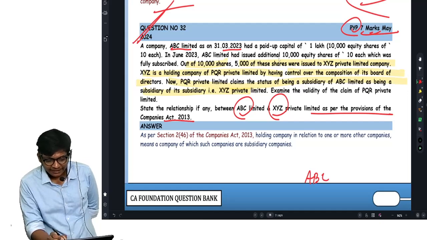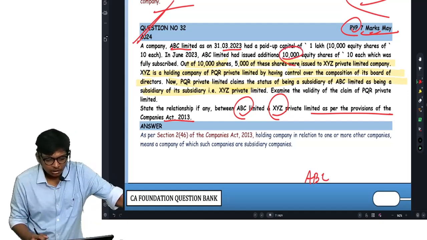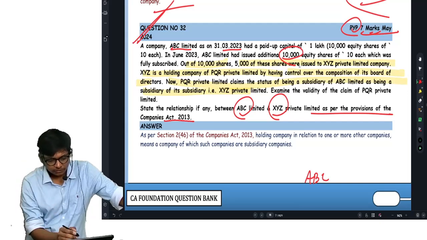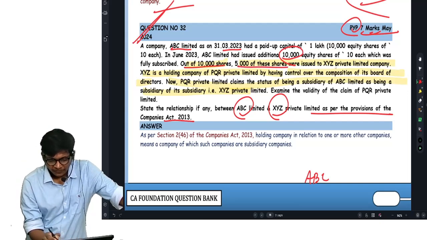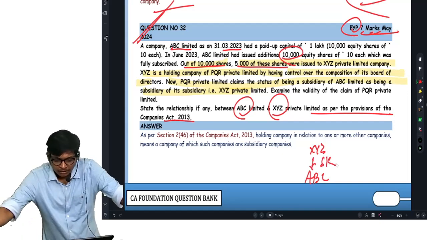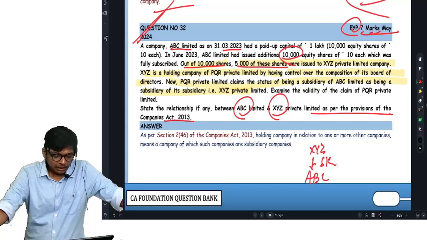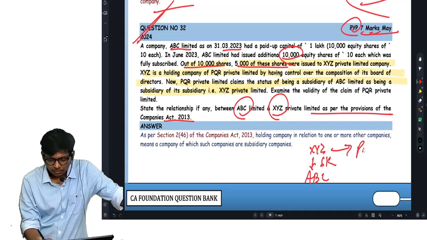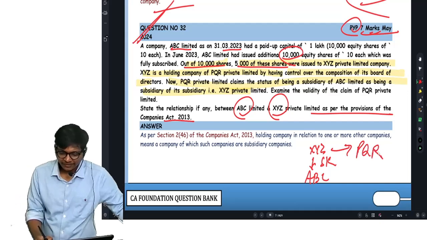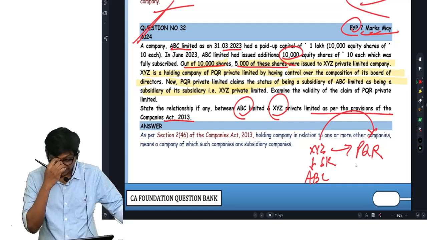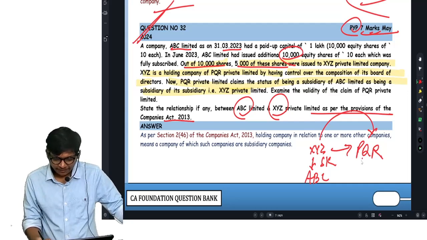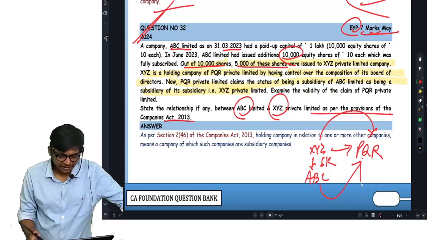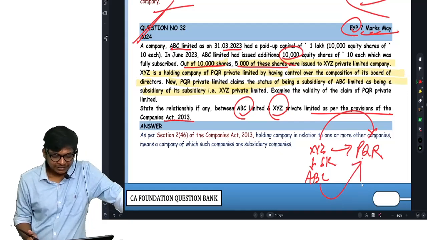In that, ABC had issued 10,000 additional shares, out of which 5,000 were issued to XYZ, now has 5,000 shares in ABC, correct? XYZ is a holding company of PQR by having control over the composition of board of directors. Now PQR claims the status of being subsidiary of ABC as being subsidiary of its subsidiary.